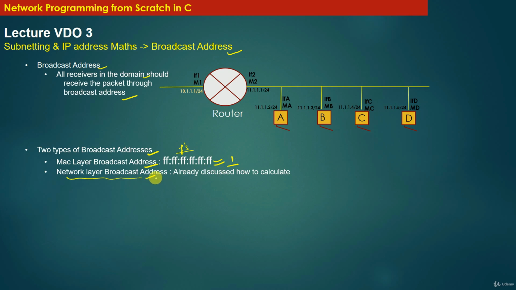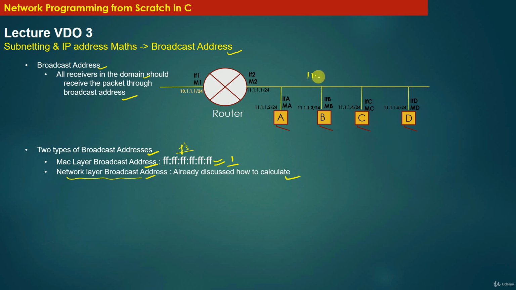Whereas in the network layer, we have already discussed how, given an IP address and a mask value, to calculate the broadcast address of that particular subnet. In our topology, we have shown a subnet in which machines A, B, C and D are present. What will be the broadcast address of this subnet?